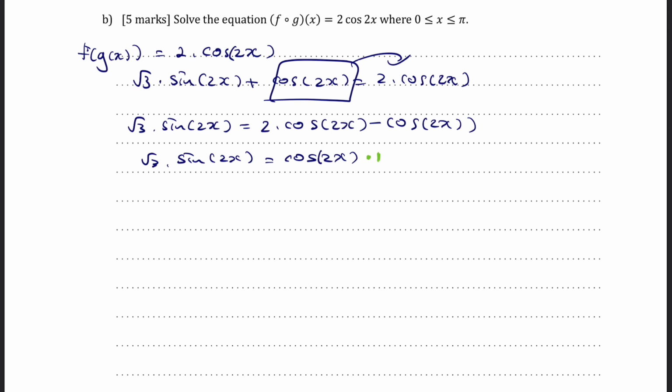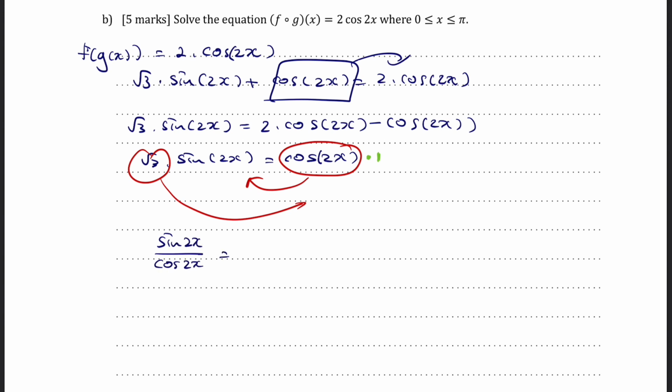By moving some of these terms around, I can now say sine 2x over cosine 2x is equal to 1 over square root 3. And 1 over square root 3 is the same as square root 3 over 3, right?